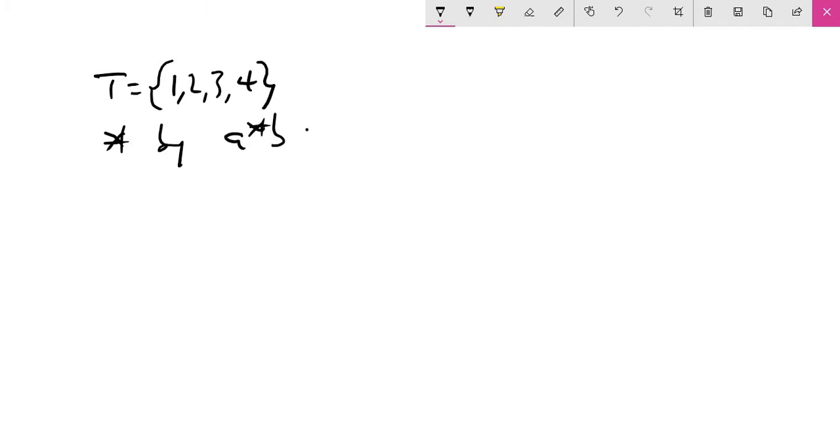So let me just show you one more way they could ask questions like this. Sometimes they would give you a set like this: T equals {1, 2, 3, 4}, and we define the star operator by A star B equals A plus B minus AB.